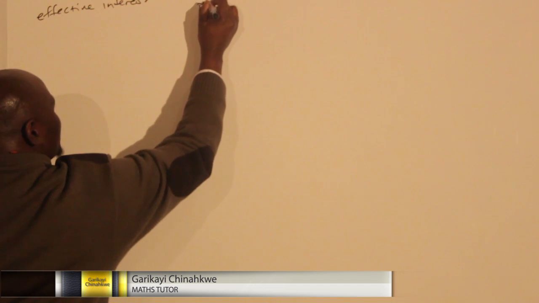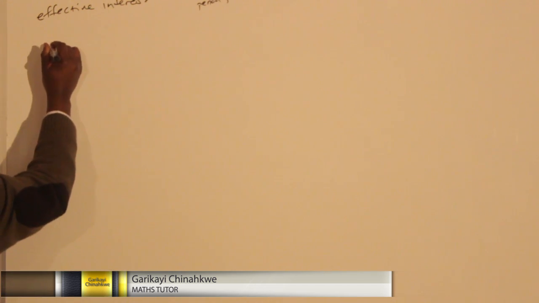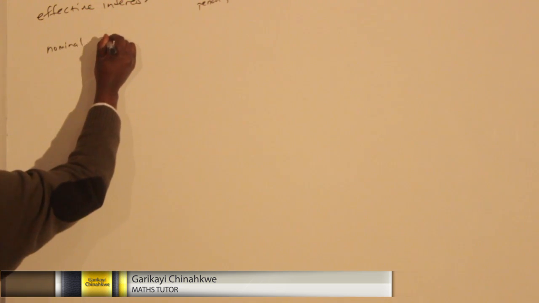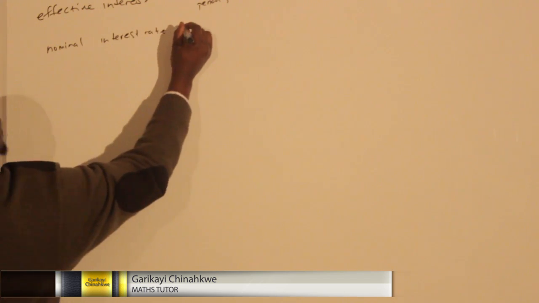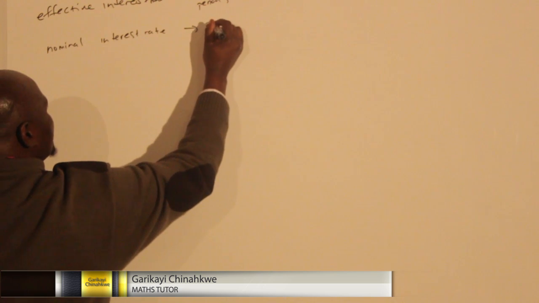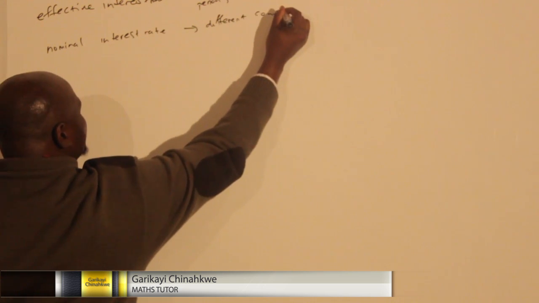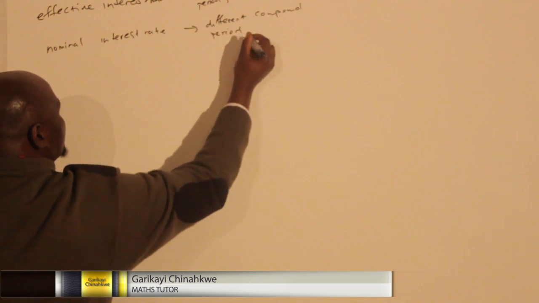I'm going to explain on this. Then, if you talk about nominal interest rates, they have different compounding periods. Okay, what do they mean?